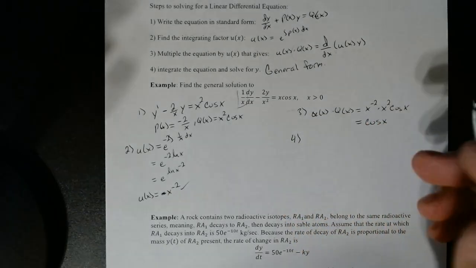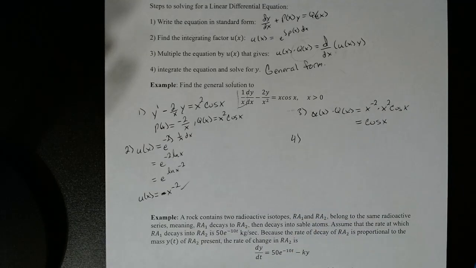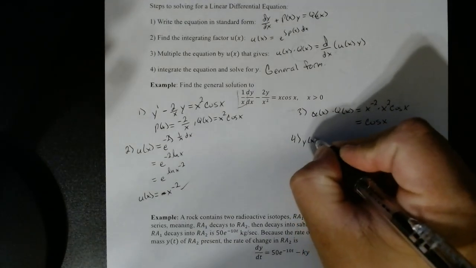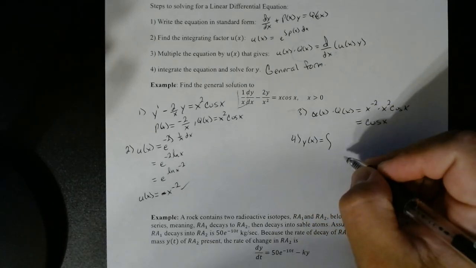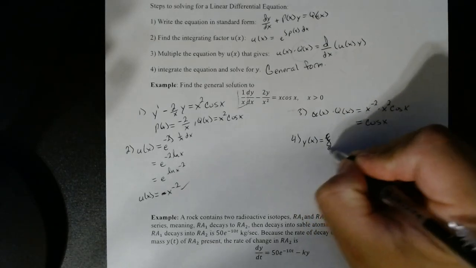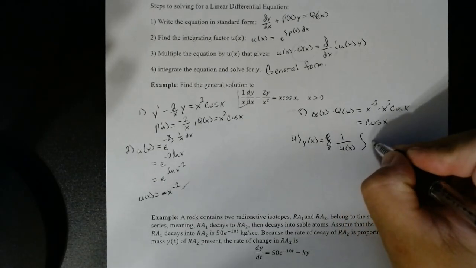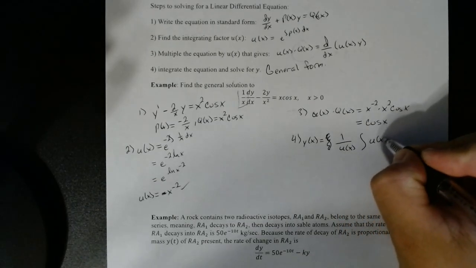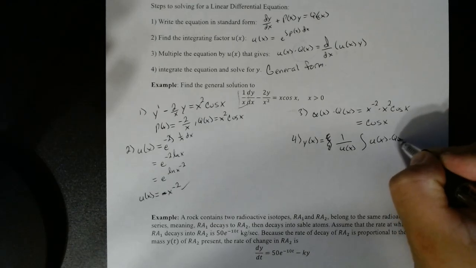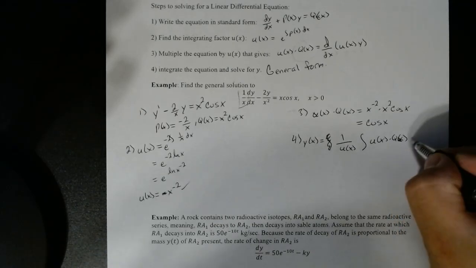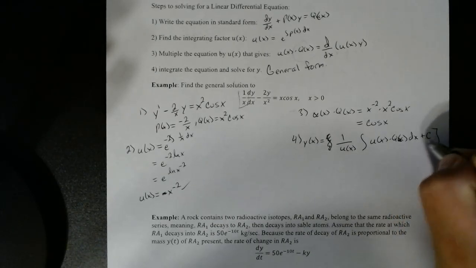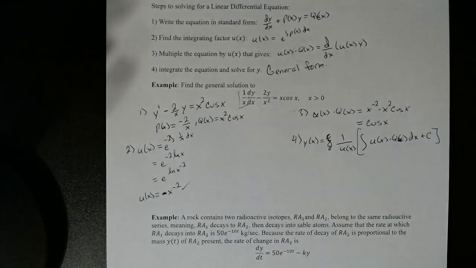In step 4, we wanted our general equation. And according to our general equation, it's going to be y of x is equal to 1 over u of x, times the integral of this multiplication, u of x times q of x, dx, plus c, like that. And now we just plug in what we know.